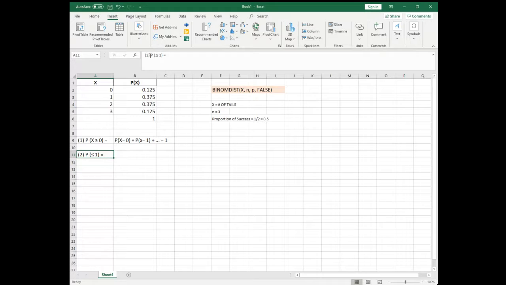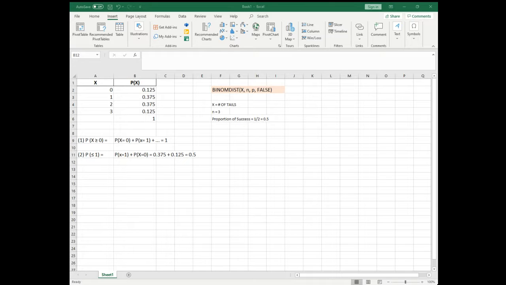Let's go back and see this. Okay, so this is saying probability when x is equal to 1 plus everything less than 1, which means x is equal to 0. So when it's equal to 1, that value is 0.375, plus when it's equal to 0, it's 0.125, which is equal to 0.5. Yes, so that's correct. Let me fix that.